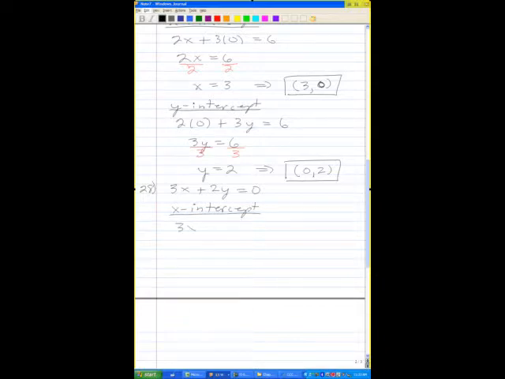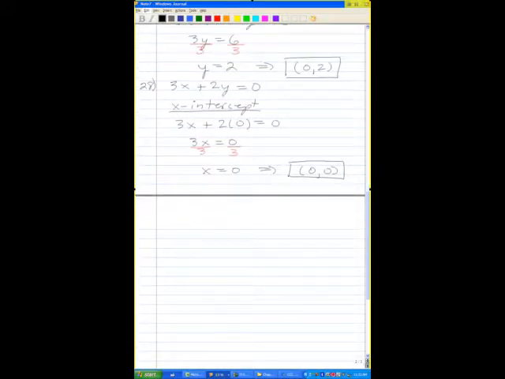Set y equal to 0 and solve for x. 2 times 0 is 0, 3x plus 0 is 3x. I can divide both sides of my equation by 3. So x is equal to 0. Therefore, my x-intercept is at the origin.